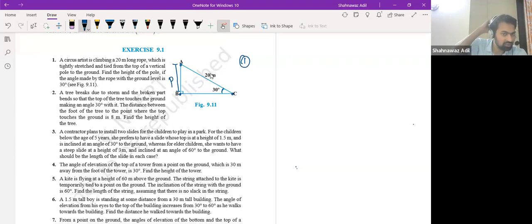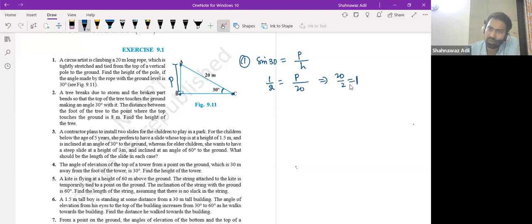What ratio relates perpendicular to the hypotenuse? Sine. So this would be sine of 30, which is p by h. Sine 30 we know is 1 by 2. P we have to find, and h is 20 meters. So this would be 20 by 2, which is 10 meters.